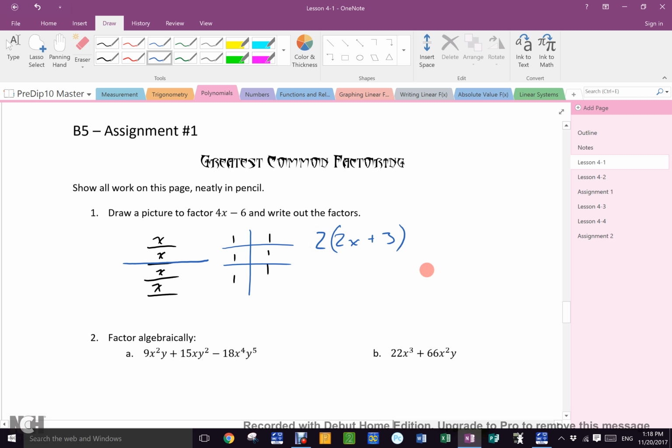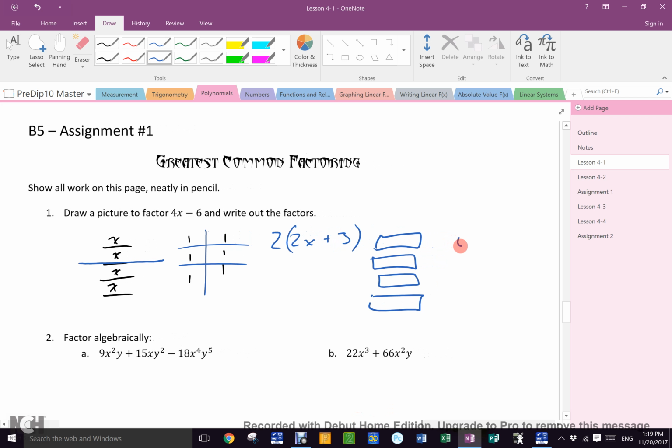You also could have used algebra tiles like you were taught last year, even though everyone hates them, me included. You could have drawn 1, 2, 3, 4 algebra tile X's, and 1, 2, 3, 4, 5, 6 singletons, and divided them by 2 and 2.